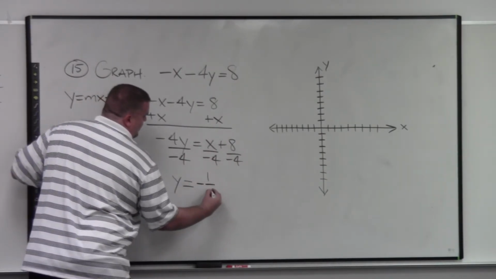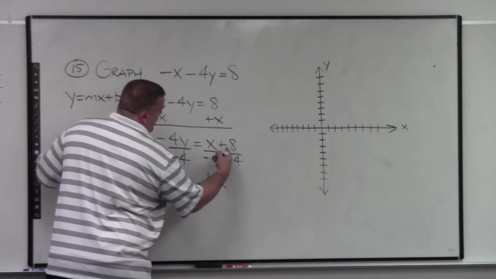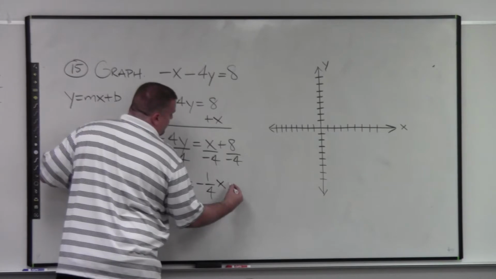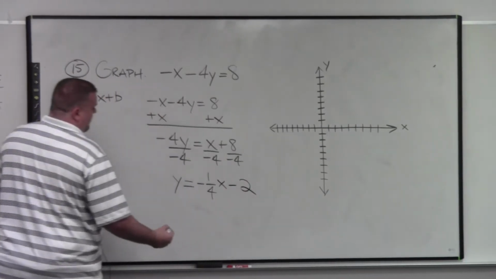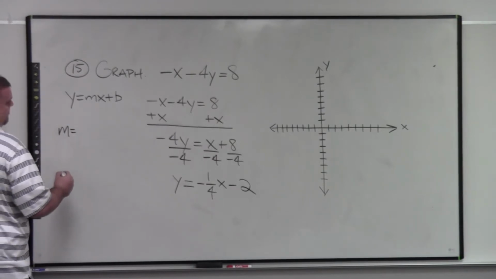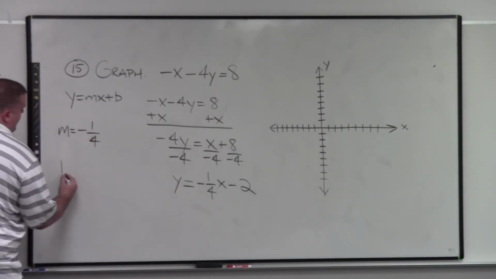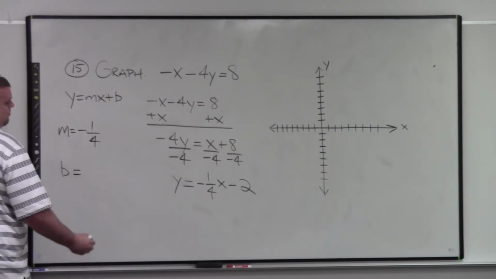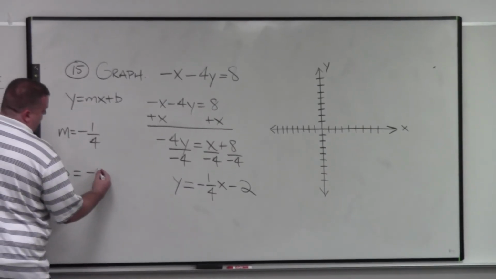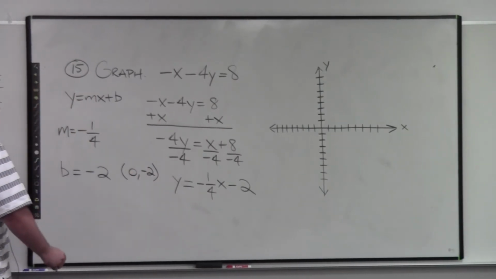So I could write this as negative 1/4 x. 8 divided by negative 4 is negative 2. So what is my slope? Negative 1 over 4. And my y-intercept? Yeah, it's negative 2, which is the same thing as the point 0, negative 2.